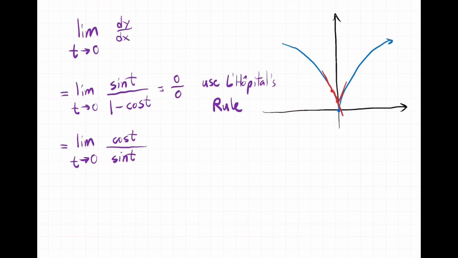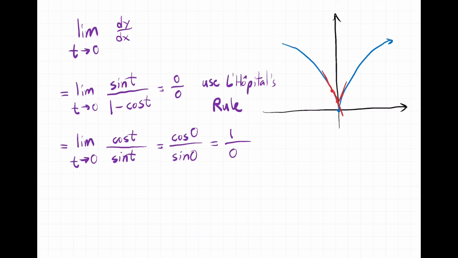Now if we try and plug 0 in, we're going to get cosine of 0 over sine of 0. Now cosine of 0 is 1. Sine of 0 is 0. This is still undefined, but of course, when we're taking a limit, the rules are a little bit different, right?